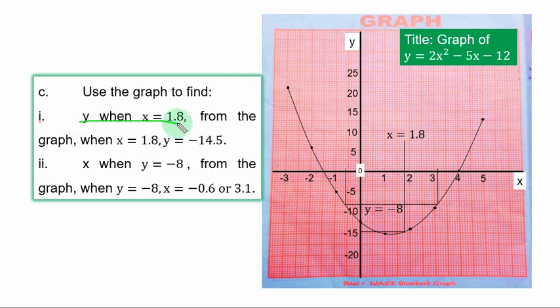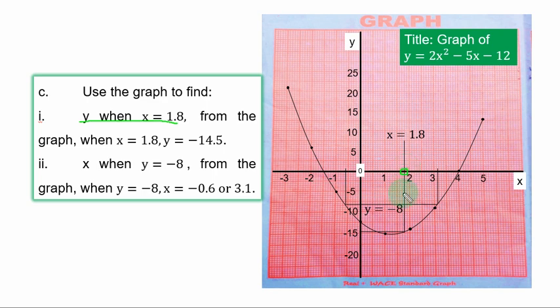On the s-axis, we said that one line is 0.1. So after 1, if you count 8 lines, you have 1.8 somewhere here. If you trace that line upward, it cannot touch the curve. That means if the line goes up, you cannot get y, so you have to draw it down.